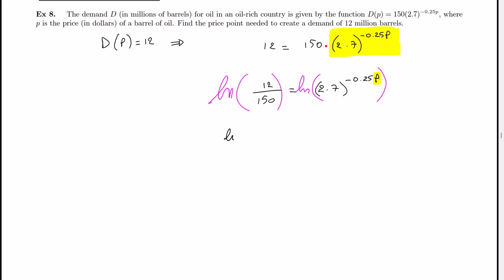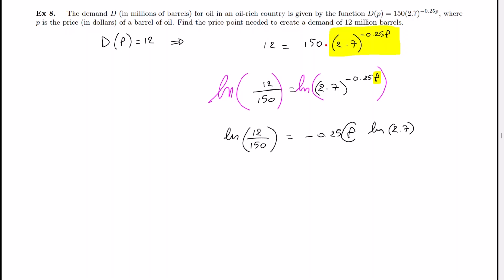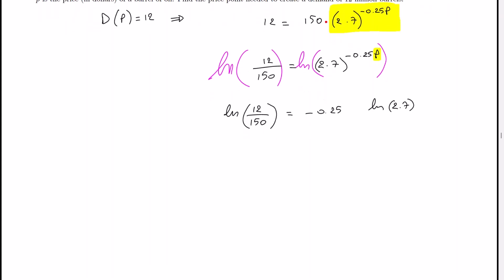So that's what I'm going to do next. I'm going to type in ln of 12 over 150, and we can put this in the calculator in a few minutes. It's going to be negative 0.25 P times ln of 2.7. And ultimately, we would like to know what P is. And currently, P is being multiplied by negative 0.25 and by ln of 2.7. So to get what P is, we'll just divide by both of those quantities.